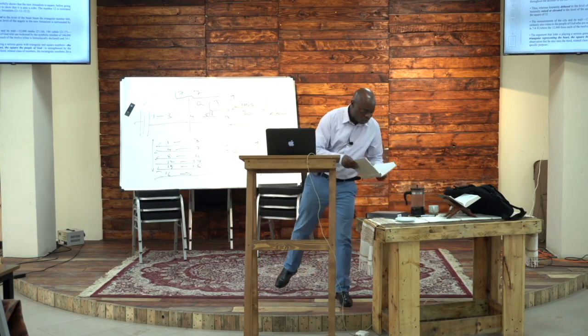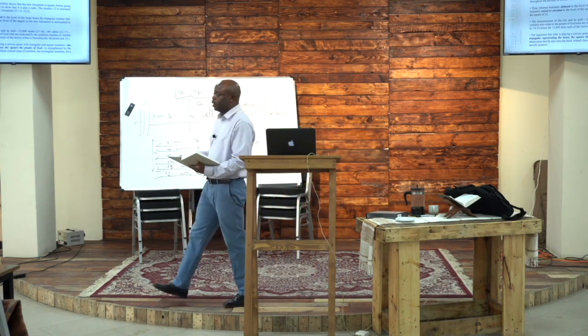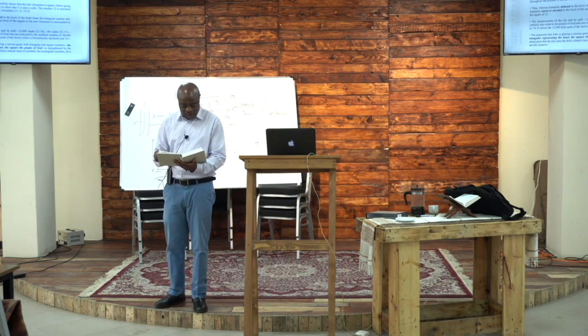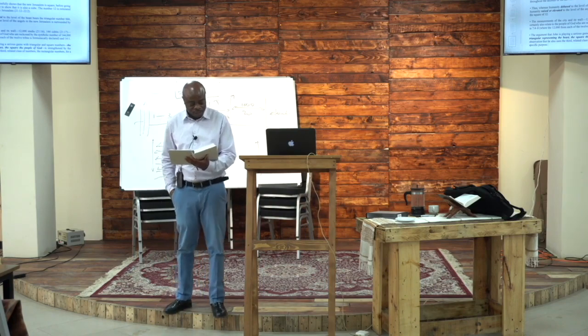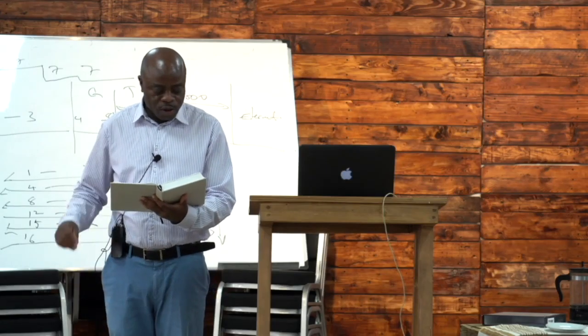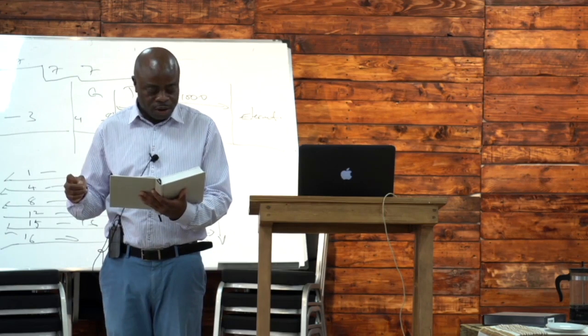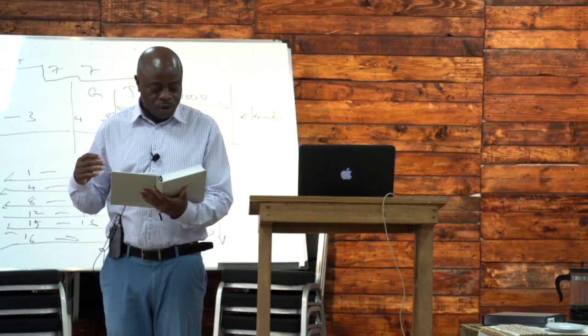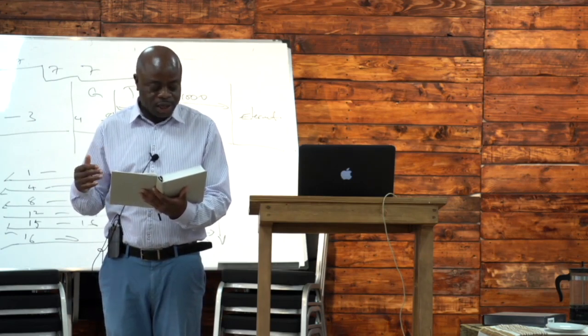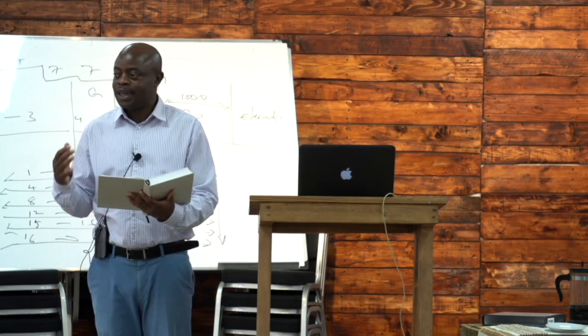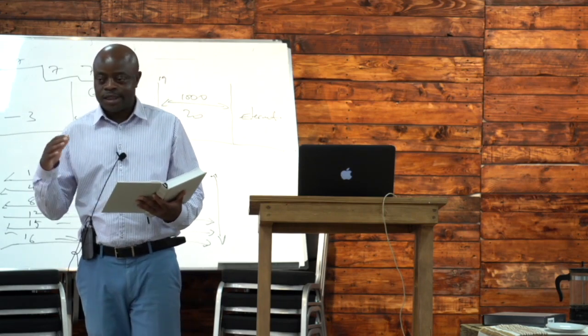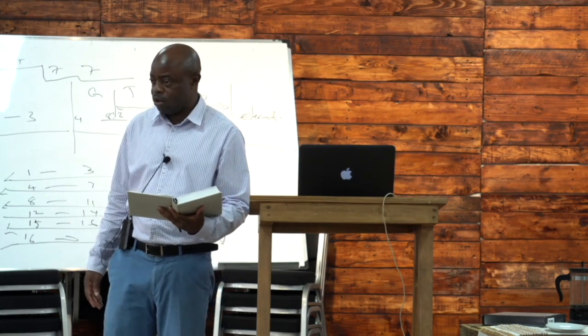Let's go to Revelation 11 with the two witnesses, for instance. Look at verse 1. "Then I was given a measuring rod like a staff, and I was told, rise and measure the temple of God." And you know the temple is standing for the people of God in Revelation.